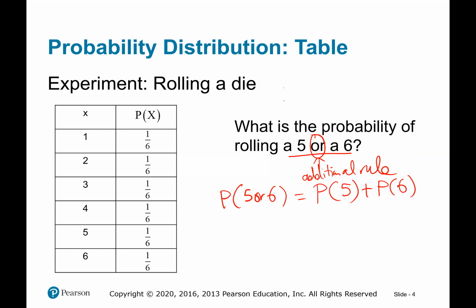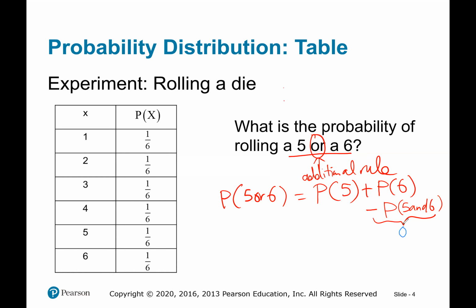So you can apply the general rule where you subtract the probability of 5 and 6, but because you know that this one is mutually exclusive, the probability of 5 and 6 should be equal to 0. So let me just write 0 here, right?